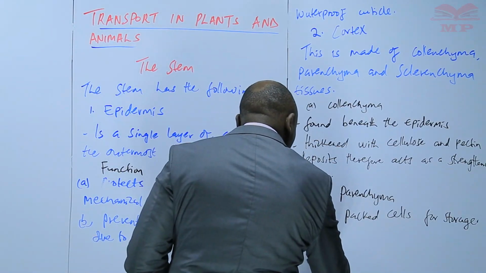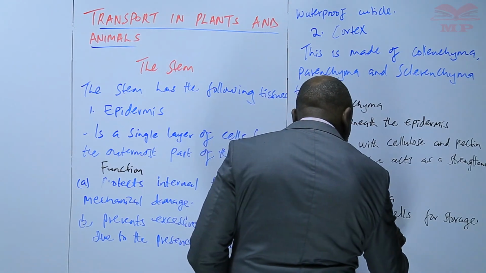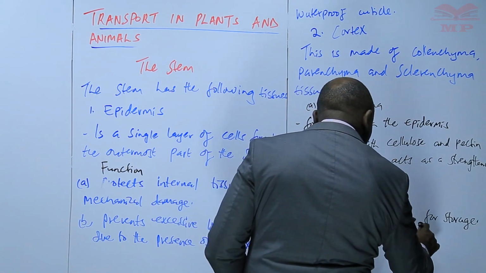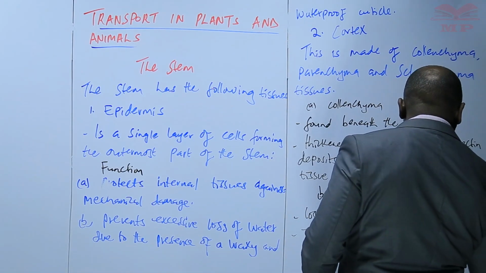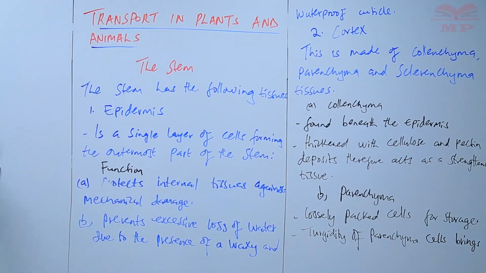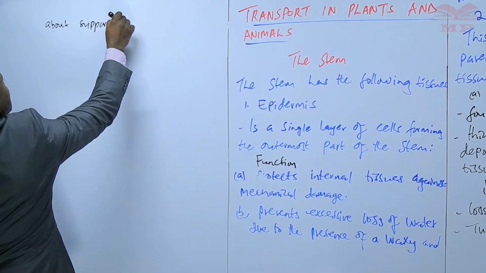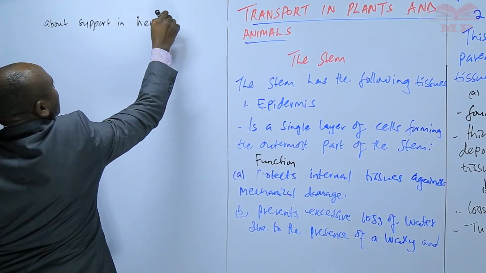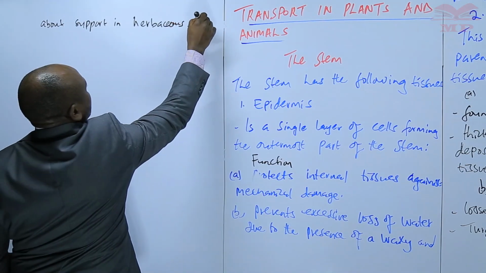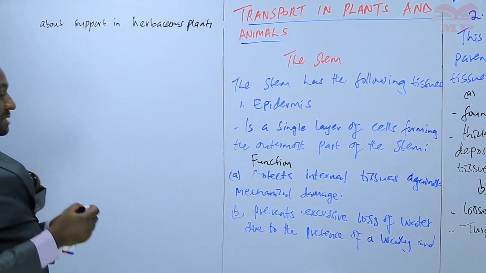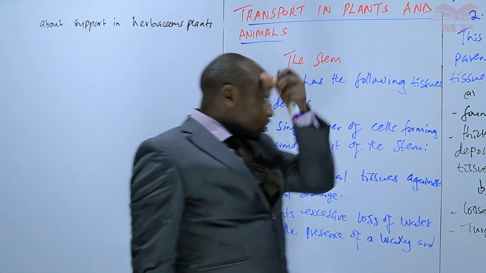So turgidity of parenchyma cells brings about support in herbaceous plants. The herbs, those plants that do not have very many strengthening tissues.